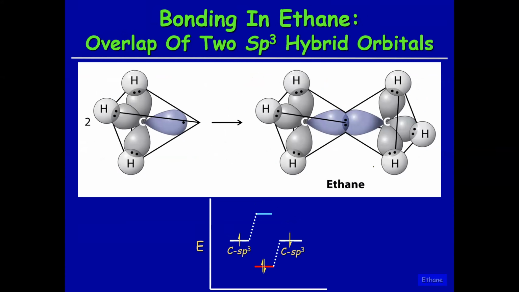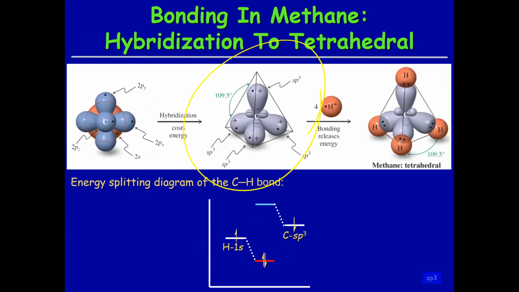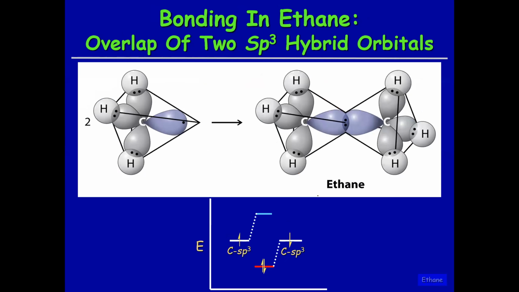Now, you don't just need to mix hydrogen to whatever orbital you've got. You can mix any other orbital. Someone asked me, with p orbitals, what will you get? sp3 and sp3. And that will also make a bond.